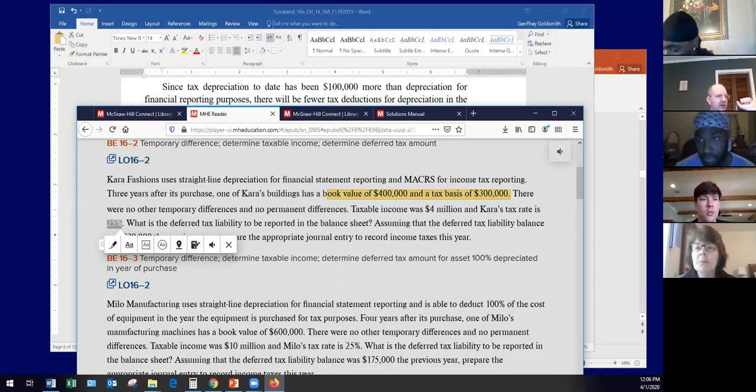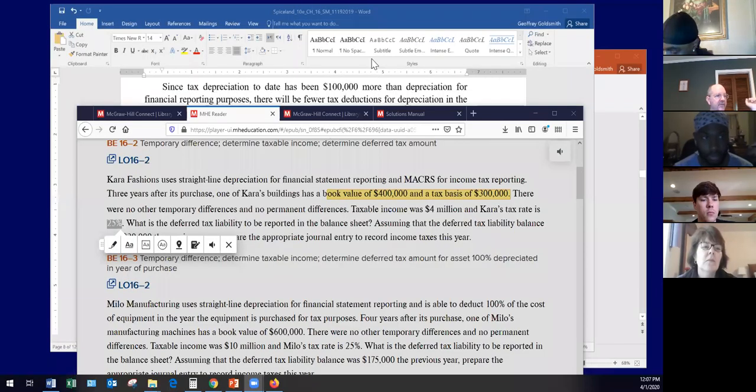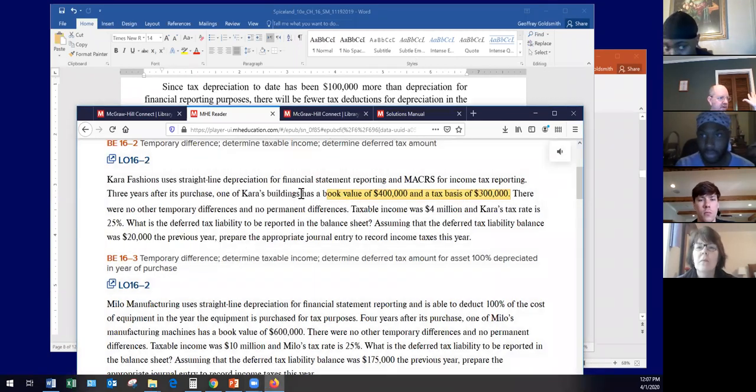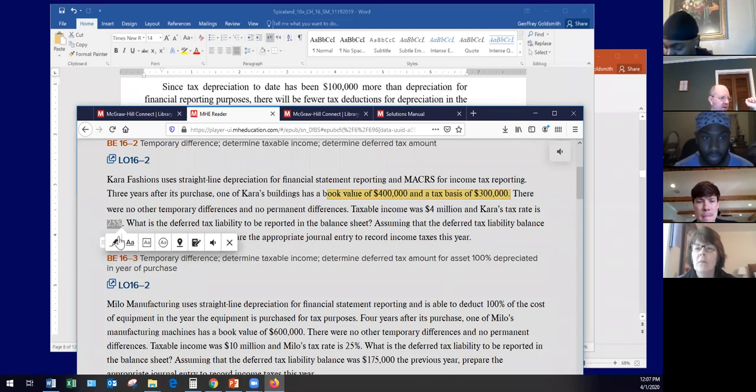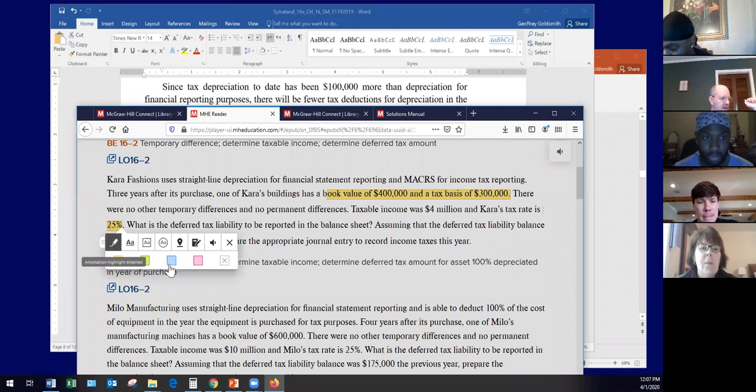Let me stop the share and go back and start it up again. Okay, so now I think you're seeing this highlighted stuff here and the 25% there is the tax rate.